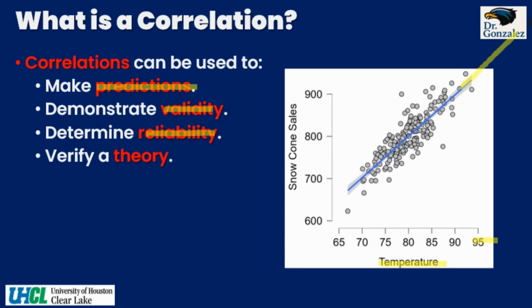And then another one is to verify a theory. So before you can do any experiment where I manipulate my X variable and I expect to see a difference in Y, and I'm saying that there's a causal link between those two things, someone has already done non-experimental research on that topic and they have correlated something with something else. Okay.